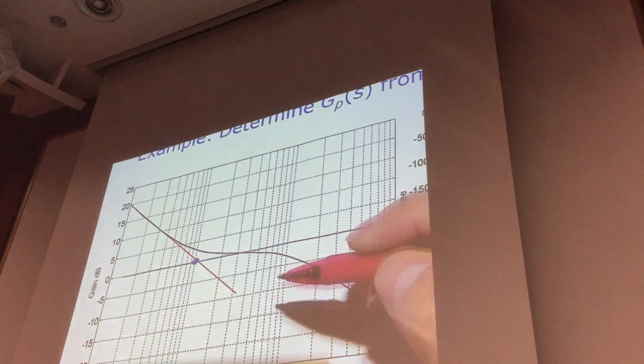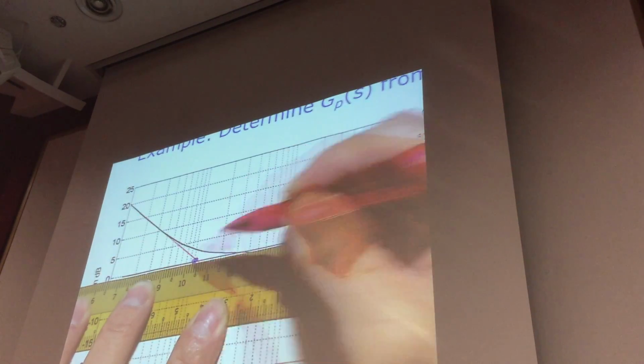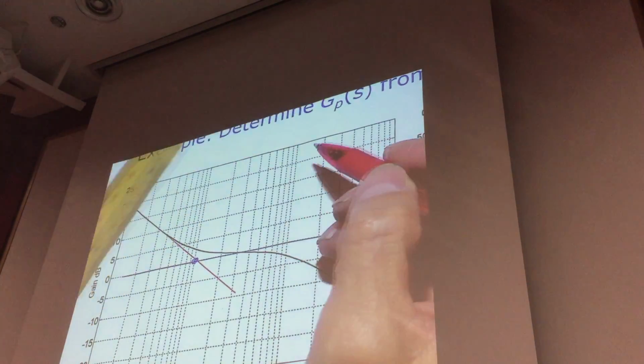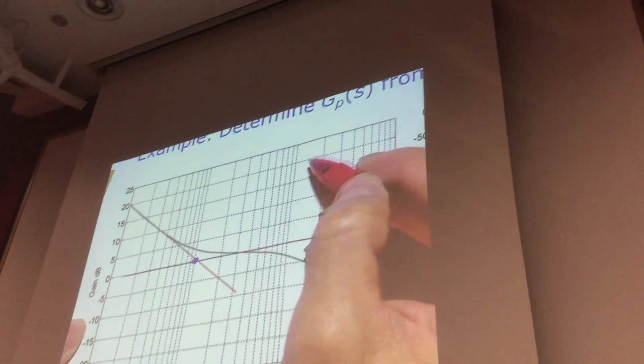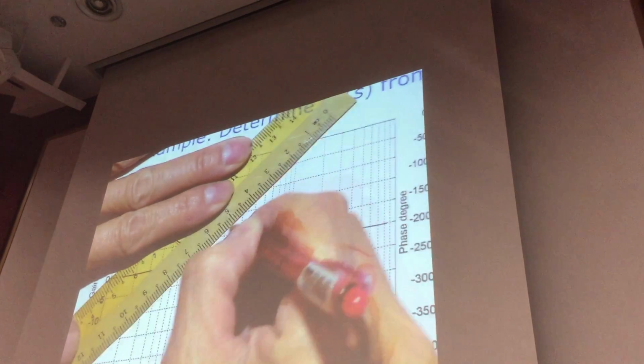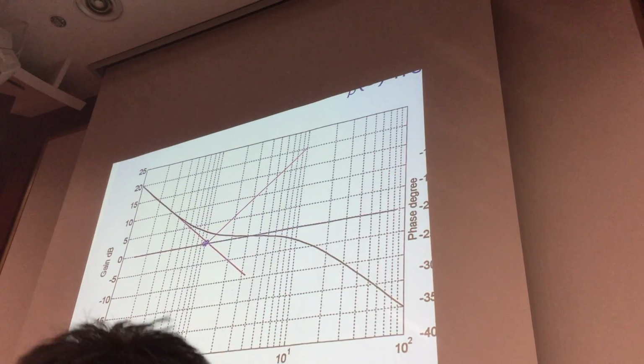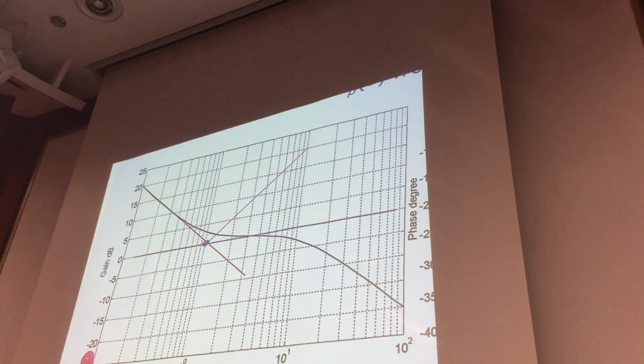The slope going down and the slope going up cancel each other to become horizontal. You understand me?